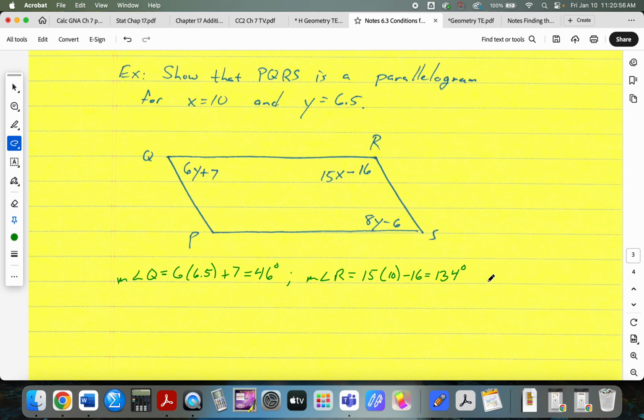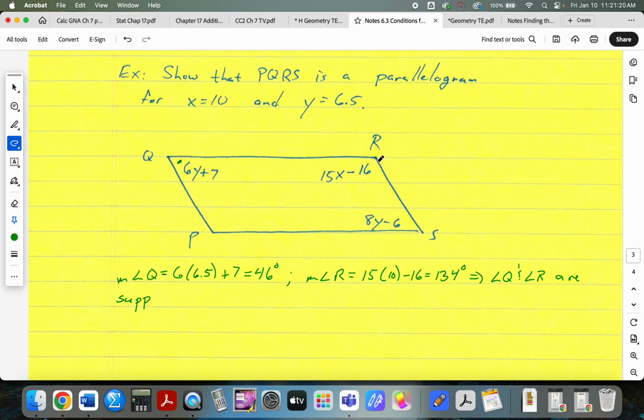So what do we know right now? They're supplementary. Yeah, so angle Q and angle R are supplementary. And what does that tell us? QP is parallel to RS.